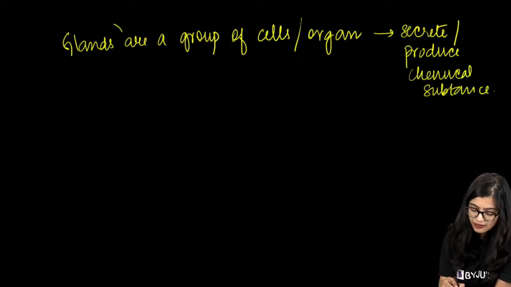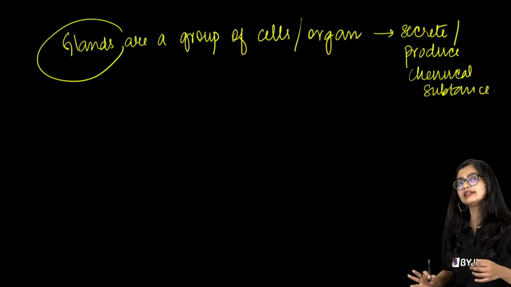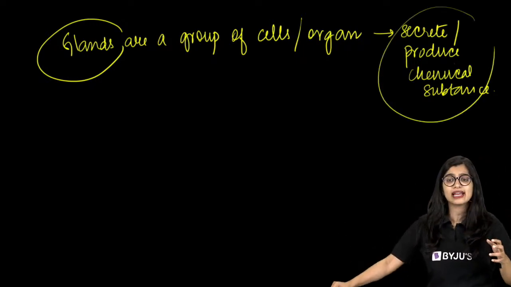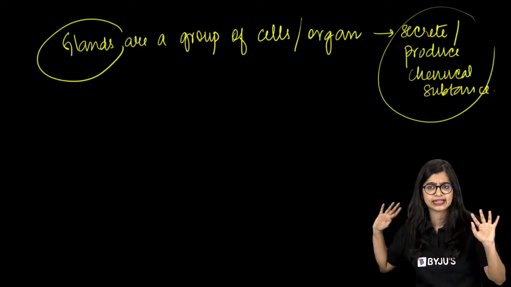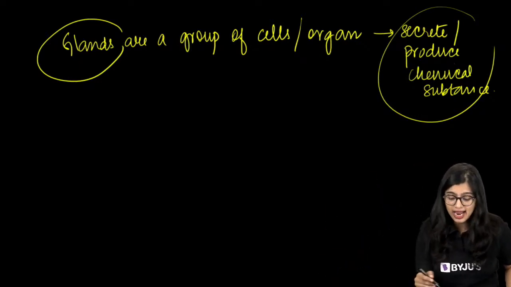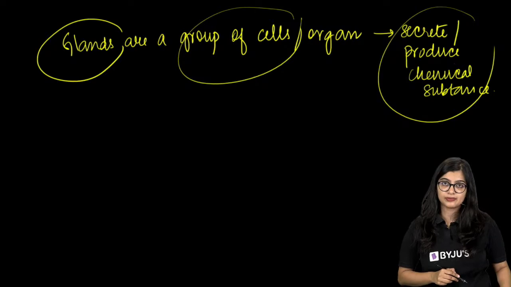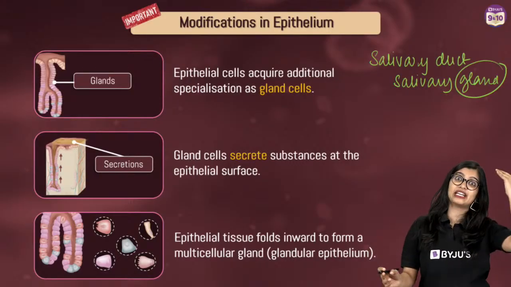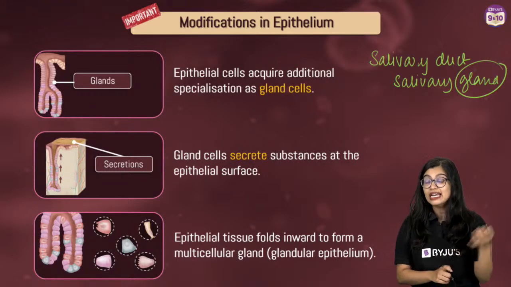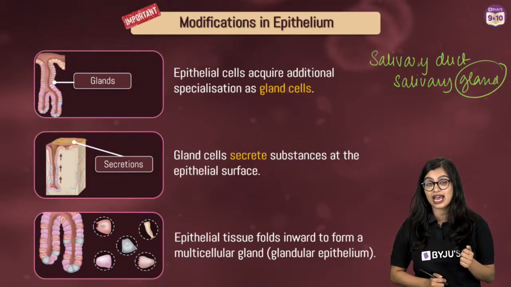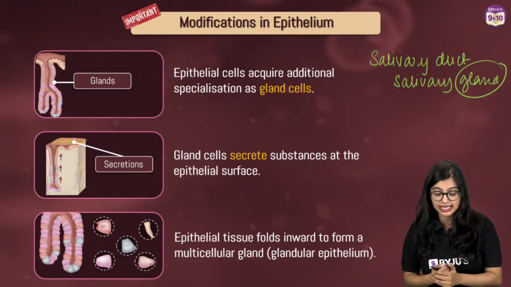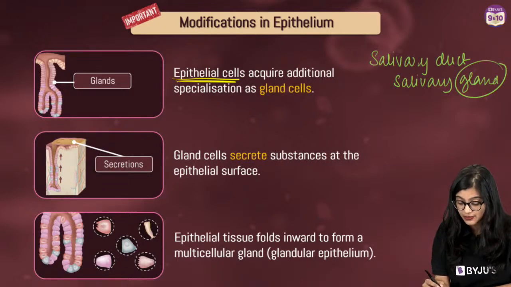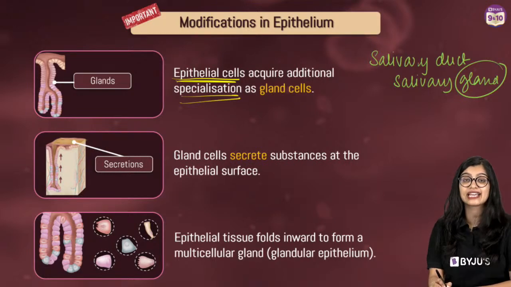Now today we will understand what is responsible for secreting this, what these group of cells are. Ideally, in certain organs, especially in the inner linings of the stomach and in the salivary glands, these epithelial cells themselves acquire some specialization.